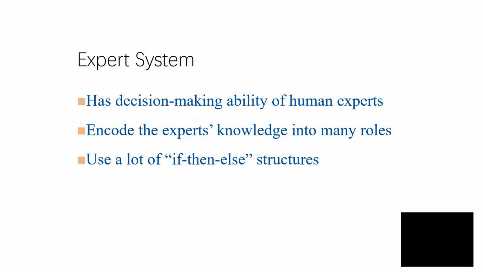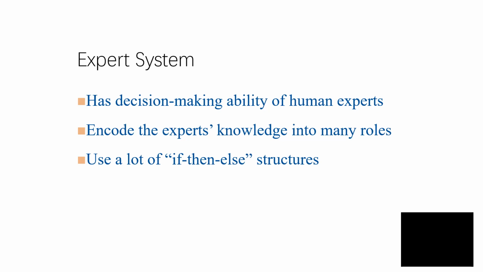So in order to do the extraction, sometimes we can use an expert system. An expert system is a system that can do decision making, like human experts. We can encode our human knowledge into many rules in this expert system. When it is used to do the decision making, it just applies these rules to the current situation.